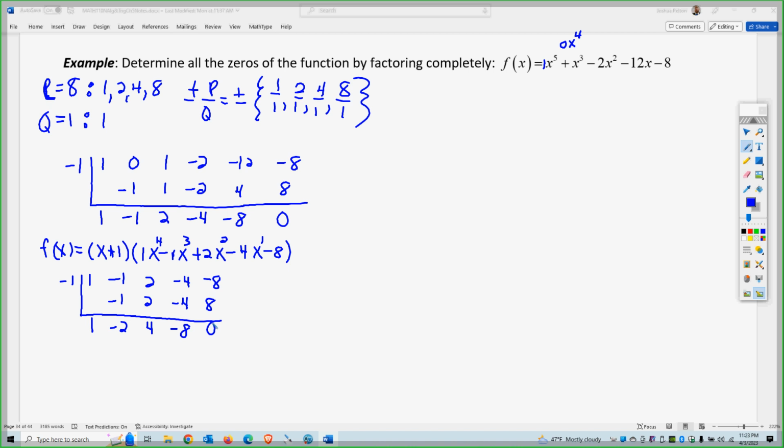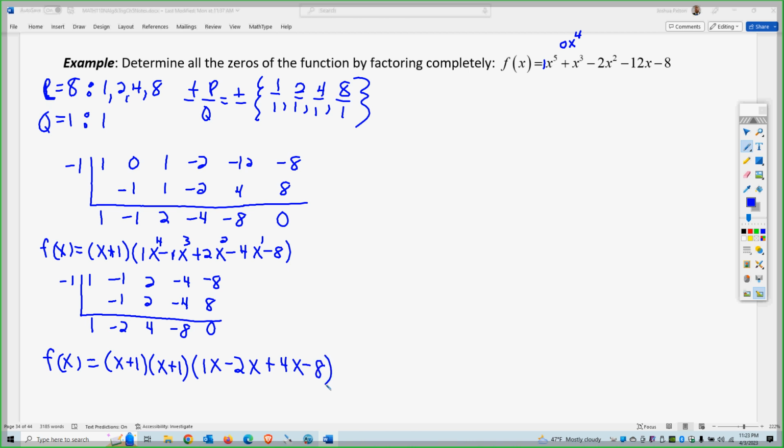Okay, so I get f of x equals x plus 1, and I get another x plus 1. So I was right, it bounced off, so it's multiplicity happens an even number of times. So I have x cubed minus 2x squared plus 4x minus 8.